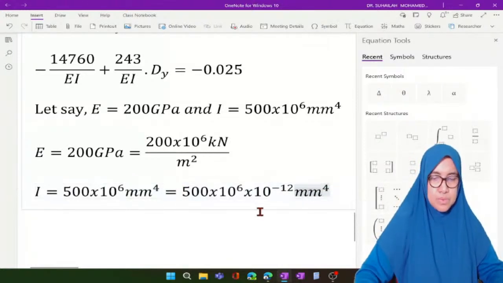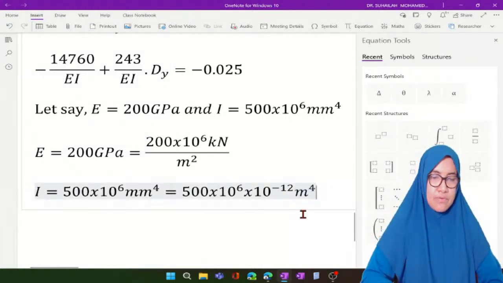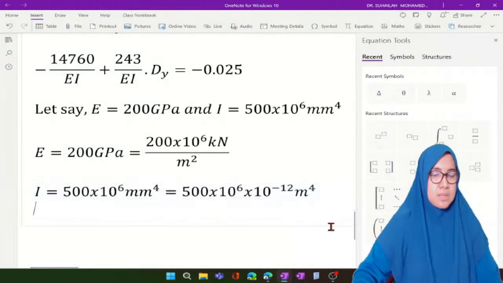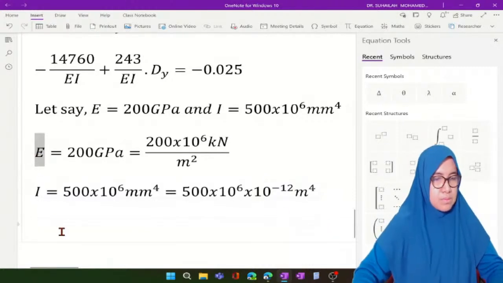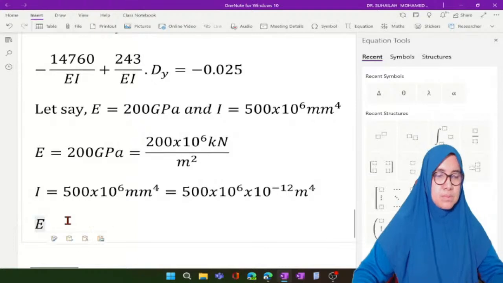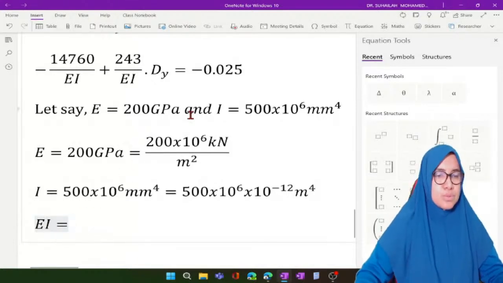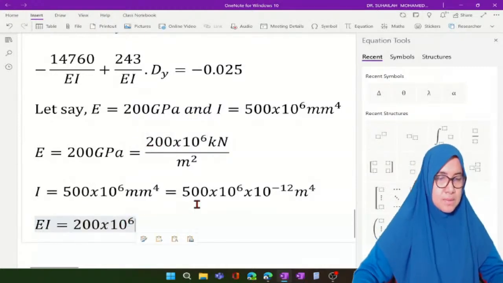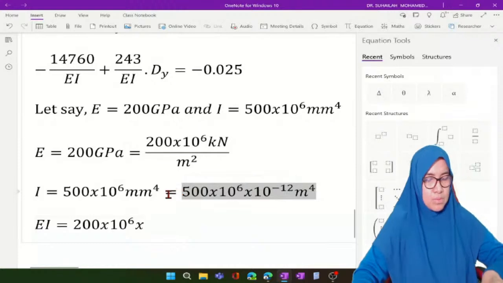Now we have changed this to meter 4. So EI is equal to 200 times 10 power of 6 times this one.